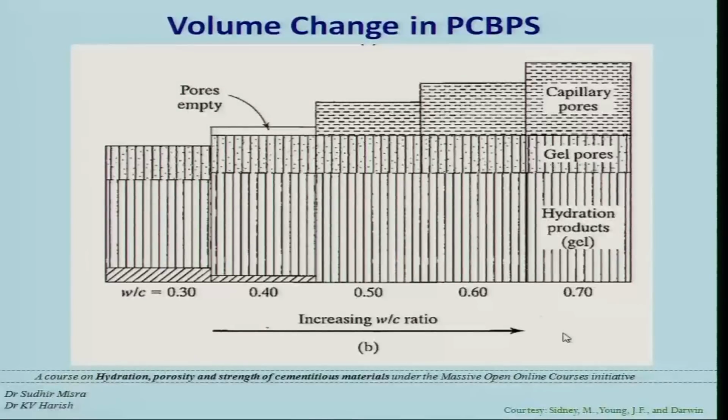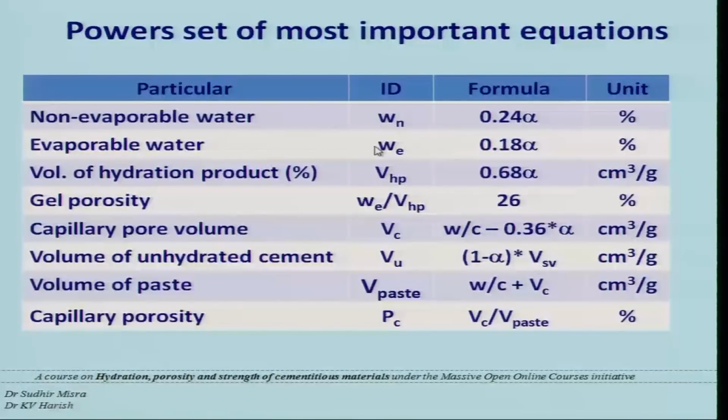Powers has made a lot of derivations using mass balance equations, and he has come out with different equations. We will not get into the derivation, but we will directly go into the equations that Powers has developed.